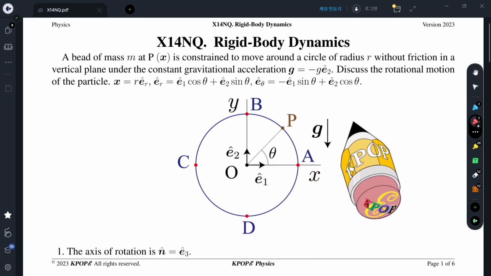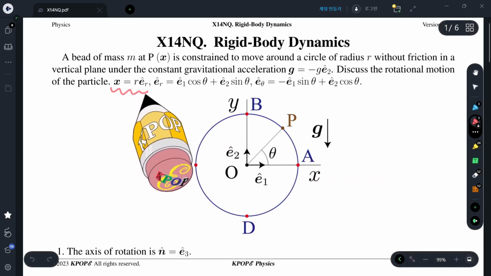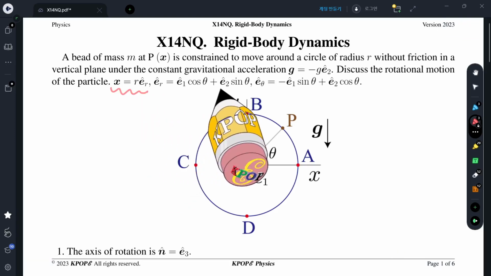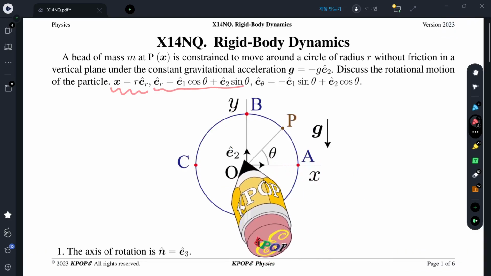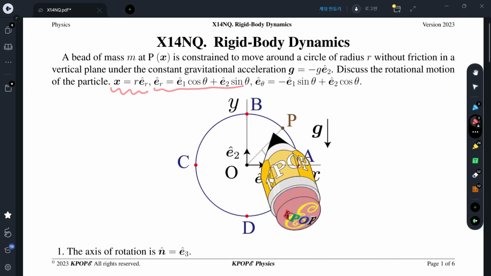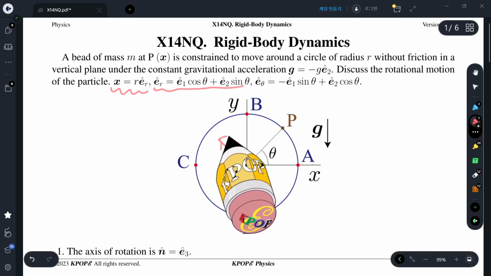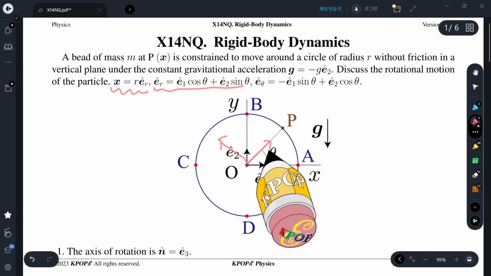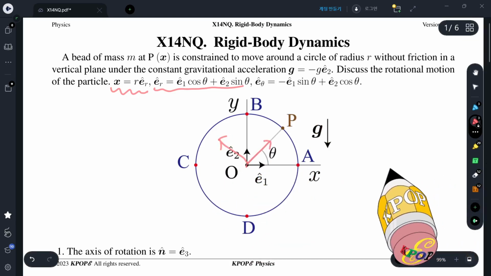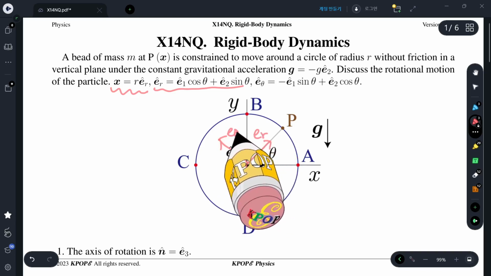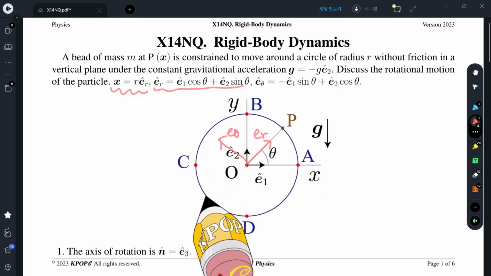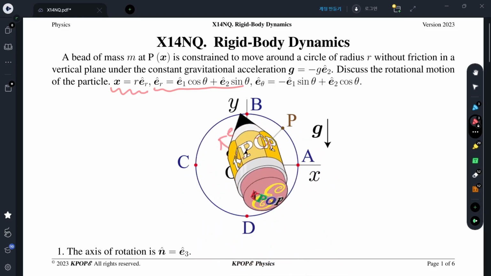X is the position vector, and e_r is the unit radial vector. e_theta is perpendicular, the unit tangential vector. e_r and e_theta. The axis of rotation, so it is making a rotation.